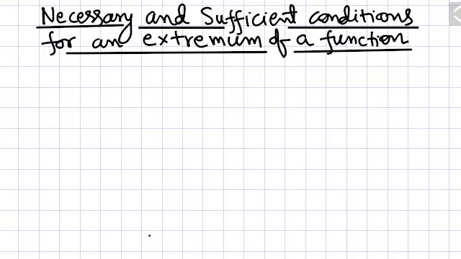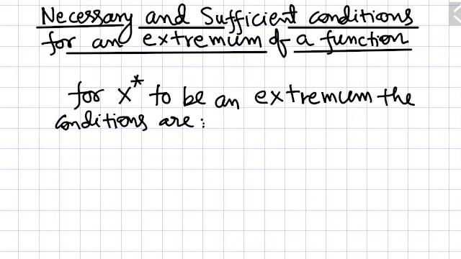So the condition is for x asterisk to be an extremum. Here this is a stationary point on which the slope is 0. So you have to decide whether this point is a minimum, maximum, or a saddle point.